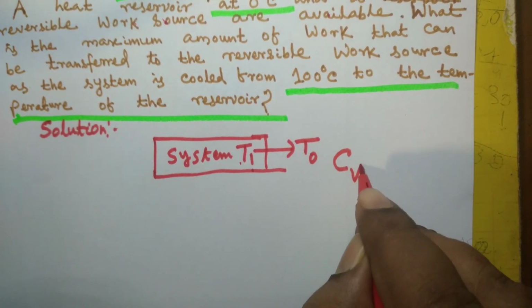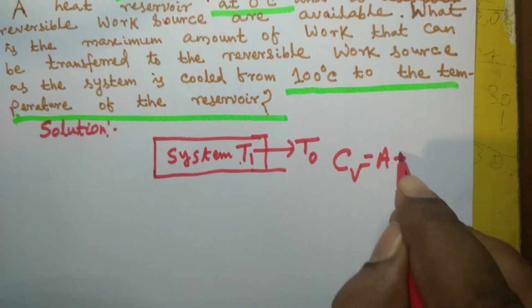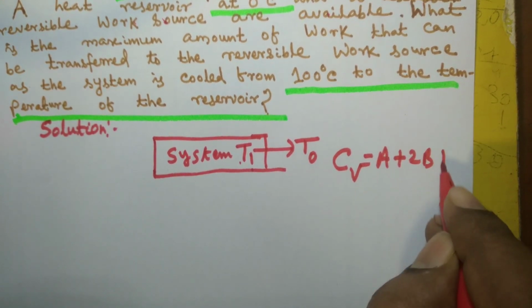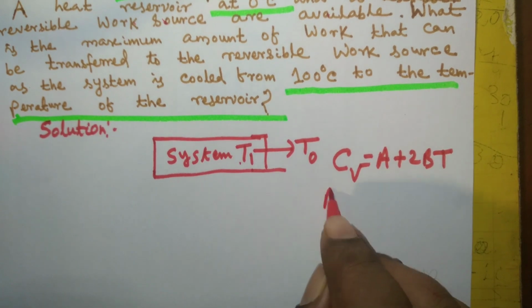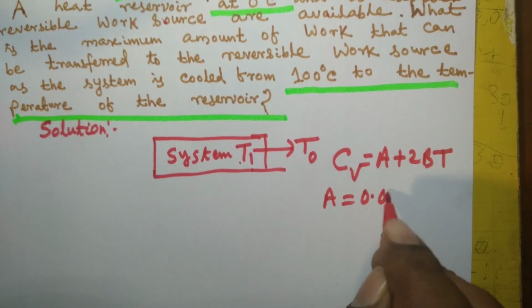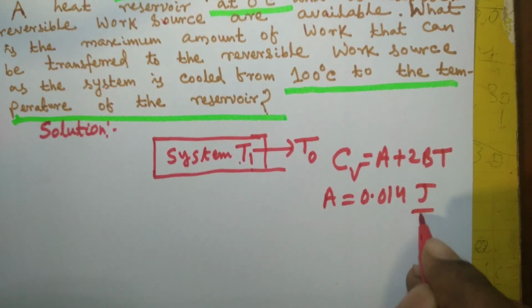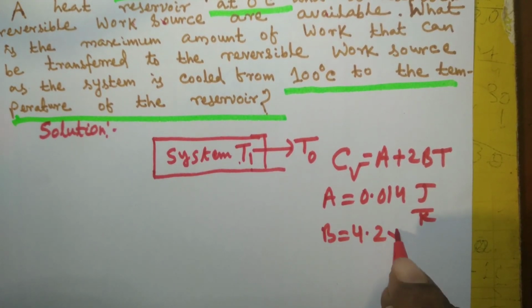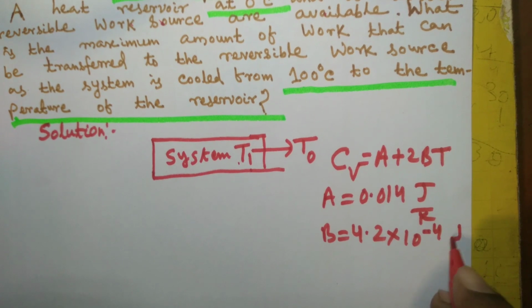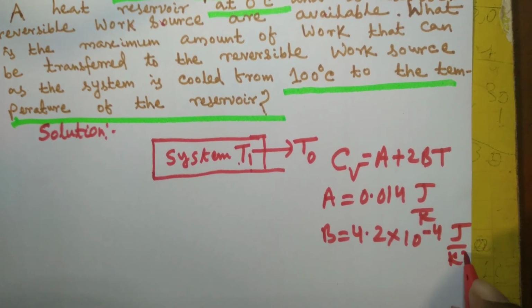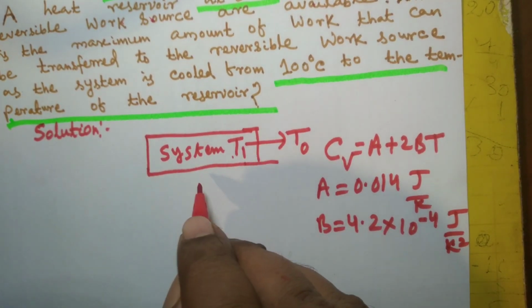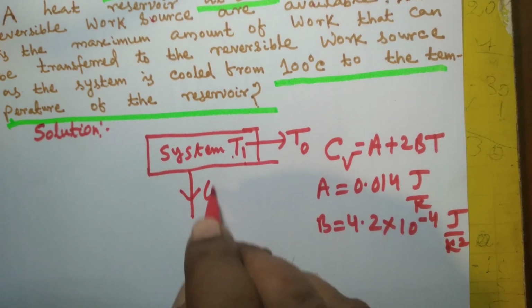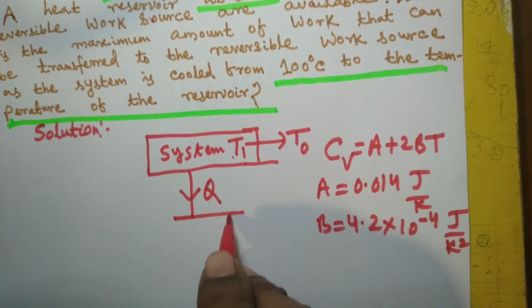And capital Cv is equal to A plus 2BT. A is 0.014 joule per Kelvin and B is 4.2 multiplied by 10 to the power minus 4 joule per Kelvin square. So some heat is going to the heat engine.